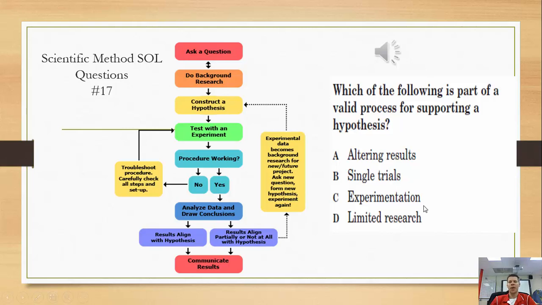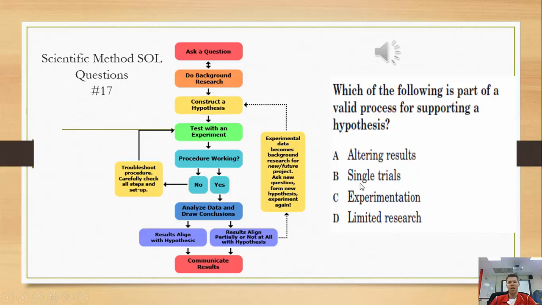Which of the following is part of a valid process, meaning a good process, a true process for supporting a hypothesis? So if you have a hypothesis, all right, how do you support it? In a valid method. Test with an experiment, that's good. Analyze your data, communicate your results.